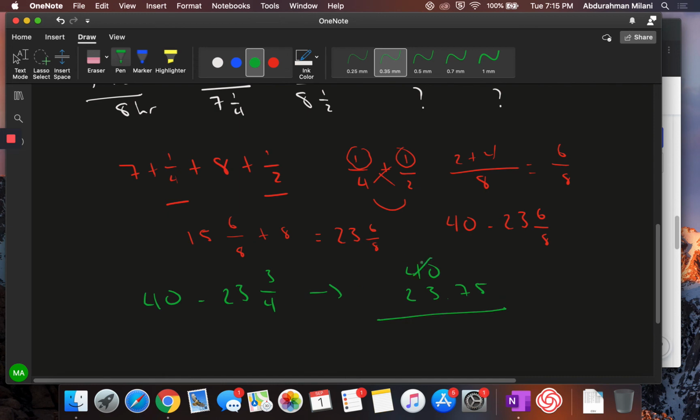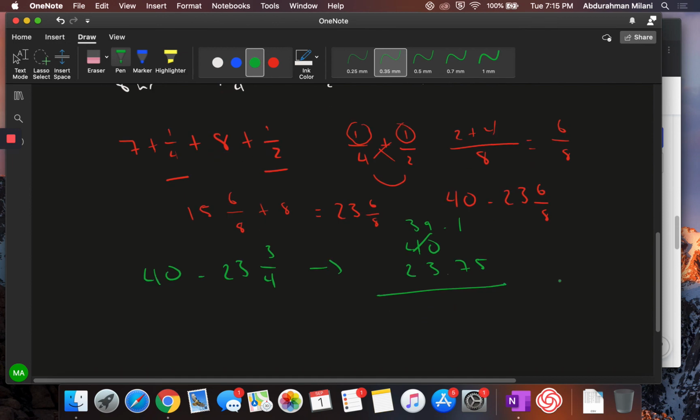So if we borrow this, it becomes 39.10. And this would be a 0 right here, since there's nothing. Cannot subtract 5 from 0, so we need to borrow 1.